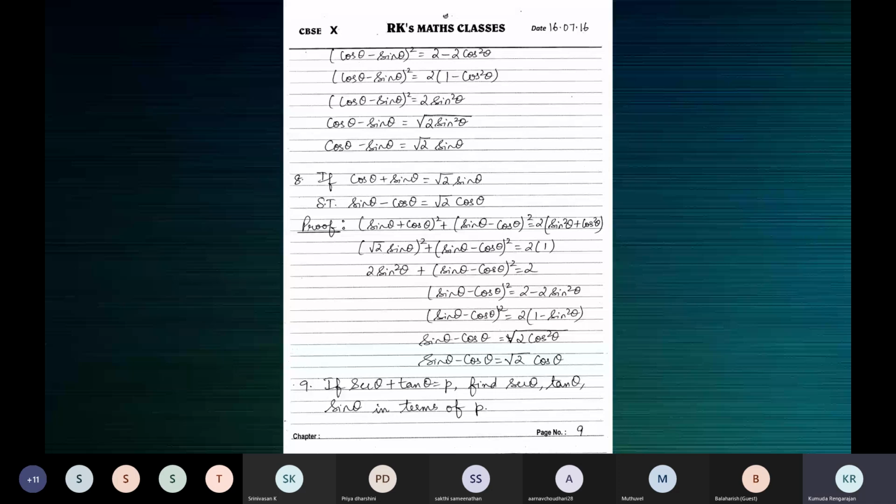It's like A plus B is equal to 1 by A minus B, A minus B is equal to 1 by A plus B. Supposing A square minus B square is 1, like secant square theta minus tan square theta is 1. That means A plus B into A minus B is 1. So A plus B is 1 by A minus B. A minus B is 1 by A plus B.